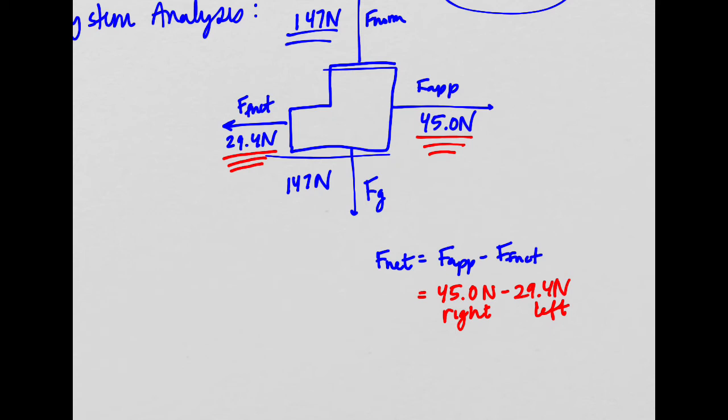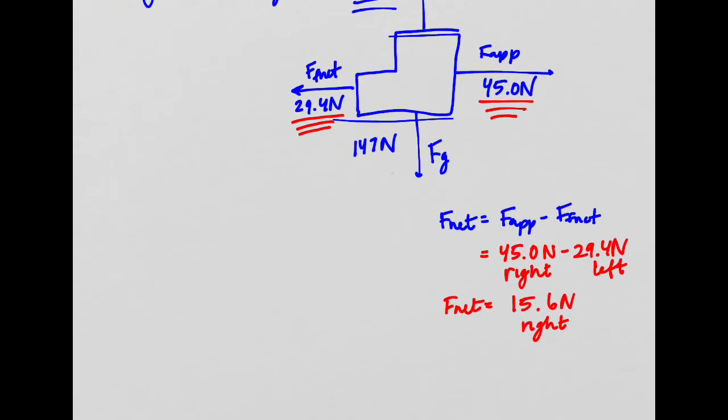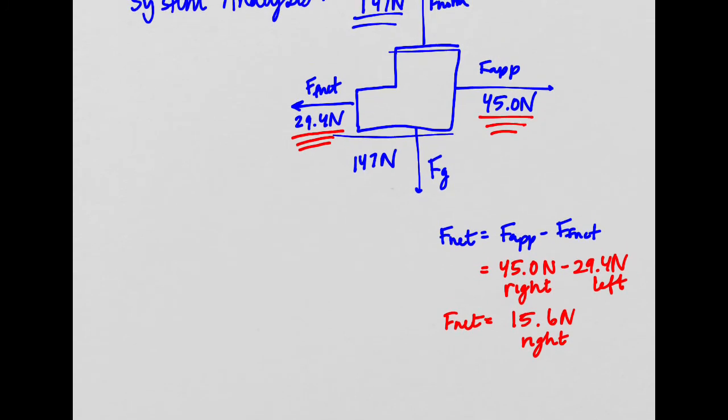So we get 45 minus 29.4, which gives us a net force equal to 15.6 newtons, and that will be to the right, which is great because that is the direction that the applied force is being applied.